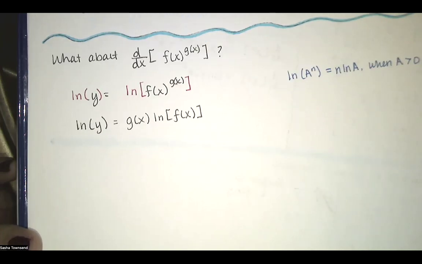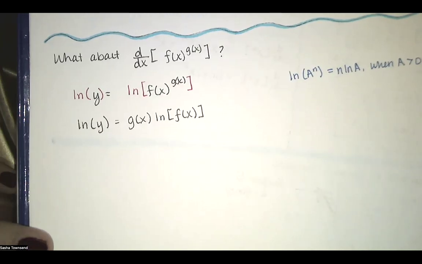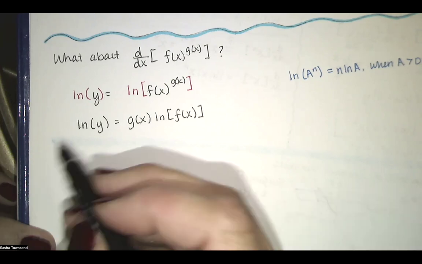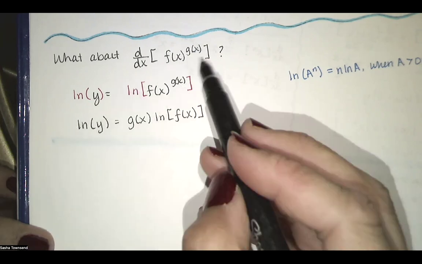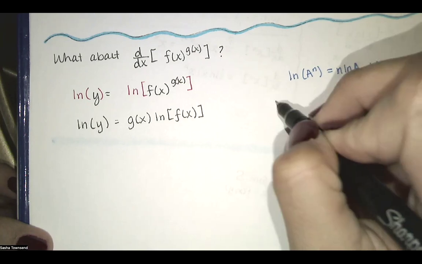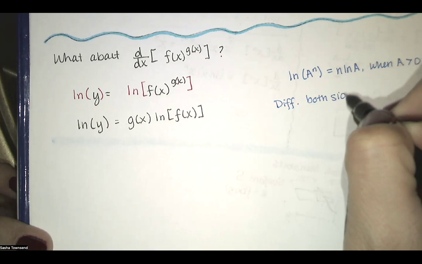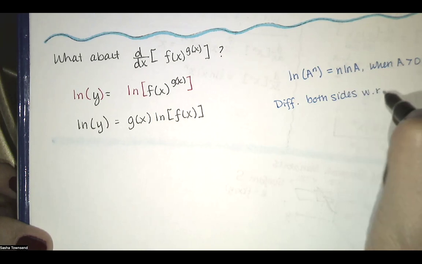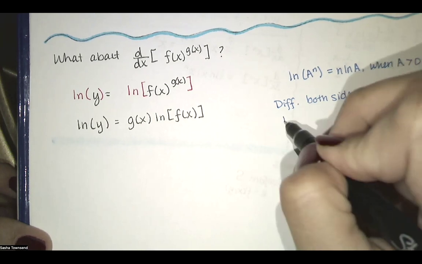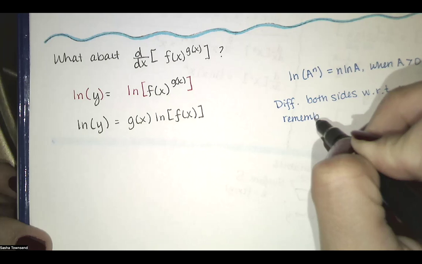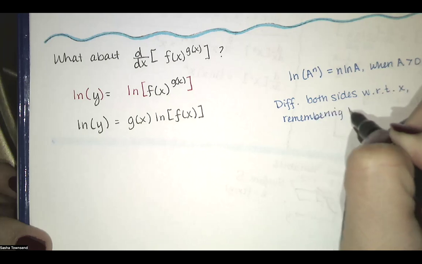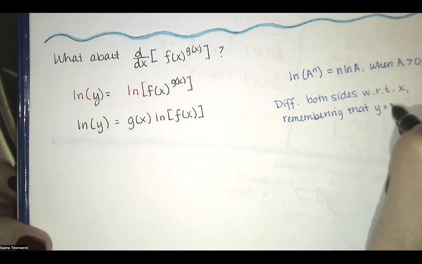Okay, well, what's the derivative of y then? If I want to find the derivative of y with respect to x, where y is actually this function, we differentiate both sides with respect to x. And here we're remembering that y is actually a function of x.